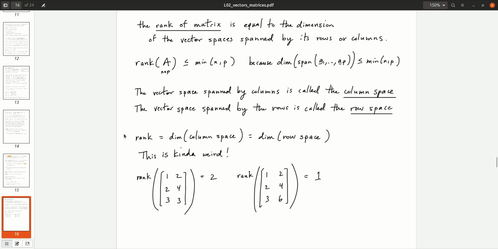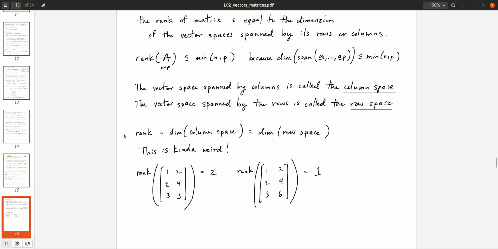So let's give an example to see what's going on there. If we take this matrix, 1, 2, 2, 4, 3, 3, we can see that the second column is not a multiple of the first column. In the first column, the second entry is twice the first, and the third entry is 3 times the first.